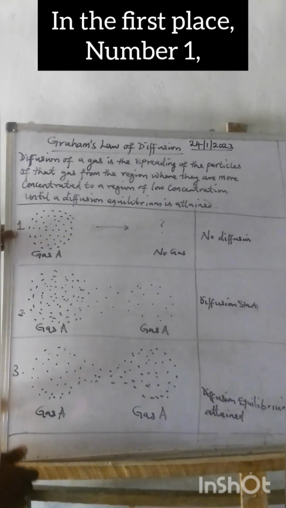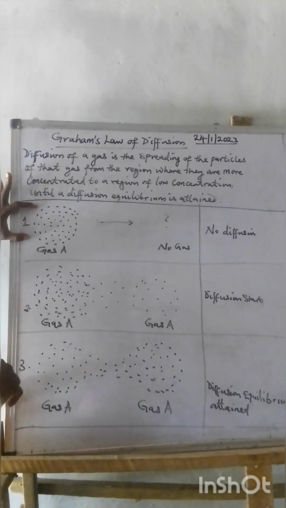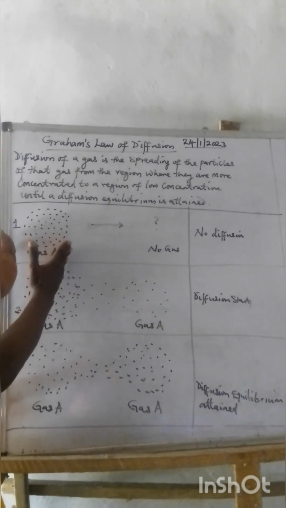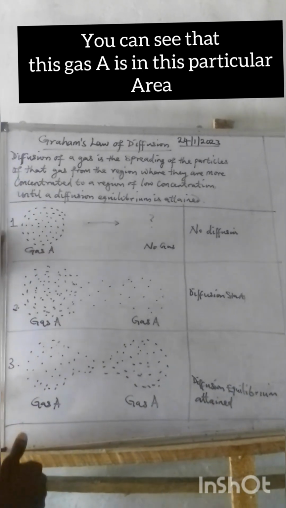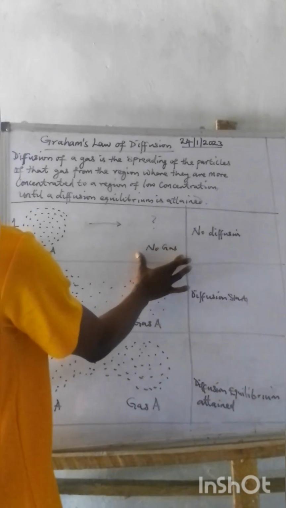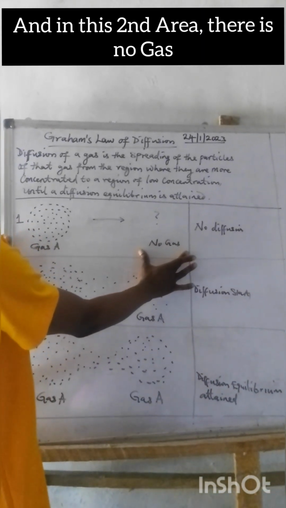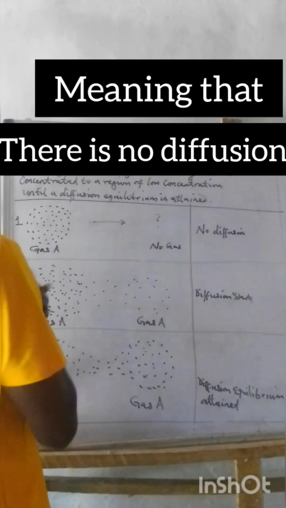In the first place, number one, we have a gas A. You can see that this gas A is in this particular area and is highly concentrated. And in this second area, there is no gas there, meaning that there is no diffusion.